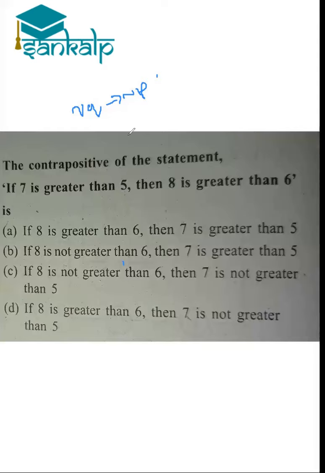Okay, so here the contrapositive of this given statement will be: if 8 is not greater than 6, then 7 is not greater than 5. So option C gives us the correct answer.